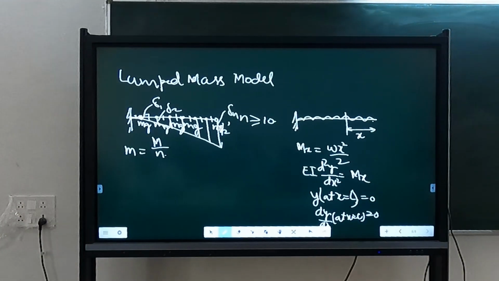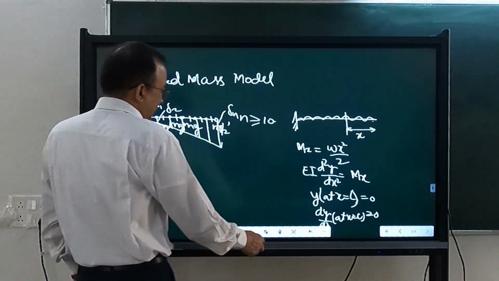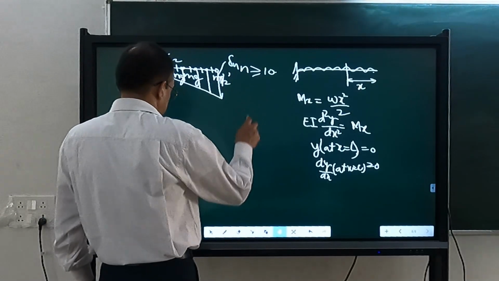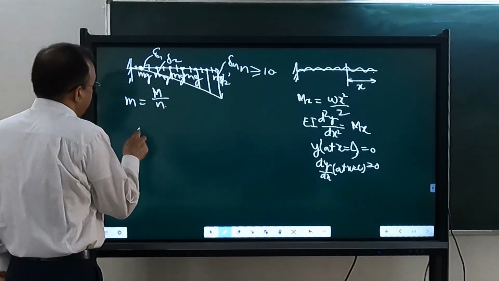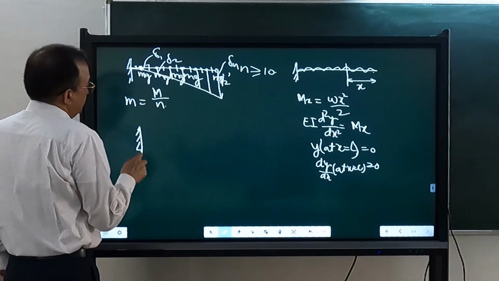Do you know any other method? Moment area method. I told you the geometric method of solving the same equation. So the same equation you can obtain geometrically also using the moment area theorem. In the moment area theorem, what you have to do? First, draw the bending moment diagram. How will the bending moment diagram look?